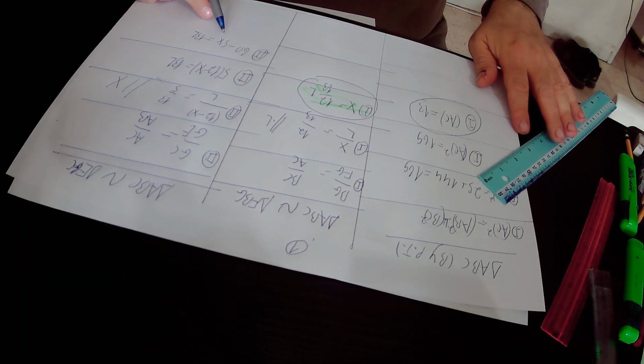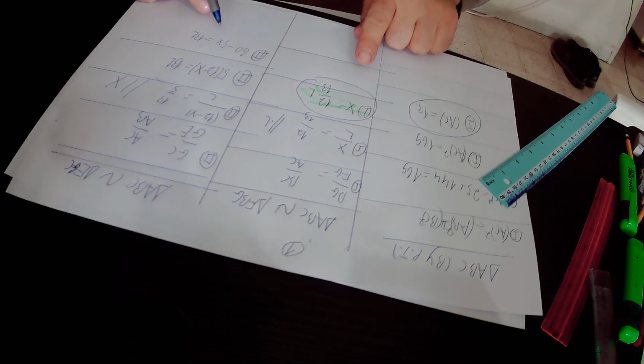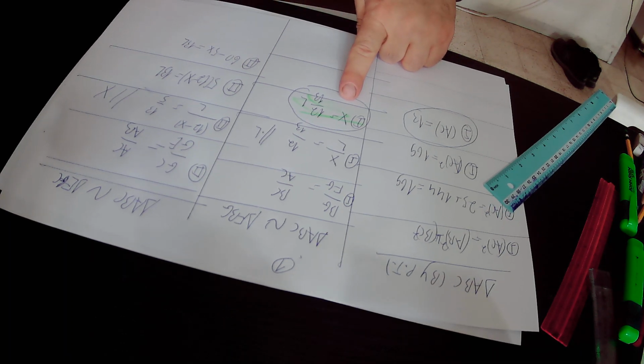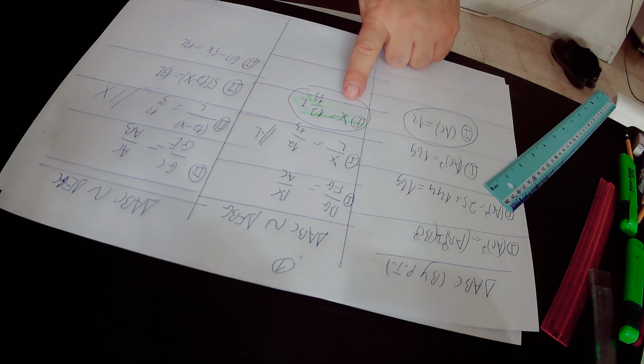Here we have x in this equation 2, and we already found that x according to equation 1 equals 12L over 13. So we substitute x in equation 2 by the value of x that we found from equation 1.